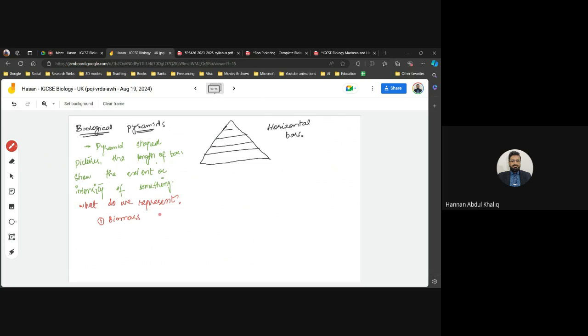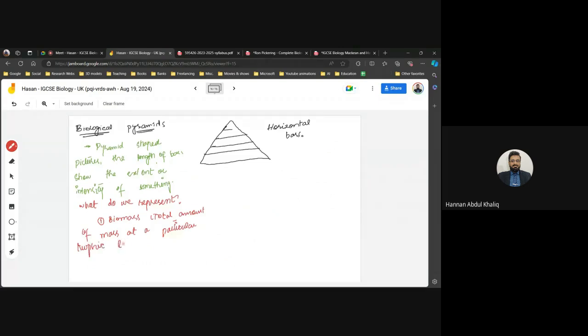Biomass. Biomass means the total amount of mass at a particular trophic level.